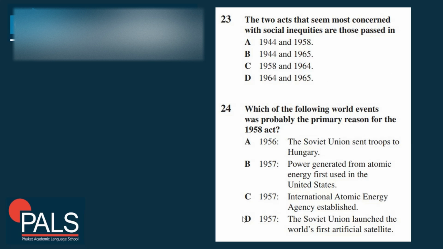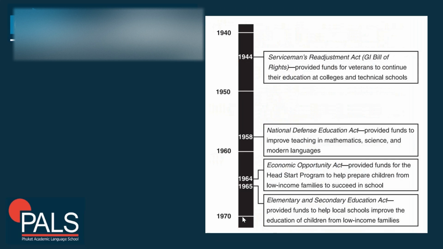Number 23, the two acts that seem most concerned with social inequalities are those passed in which years? Go ahead and look at the acts and notice which ones are most concerned with low income.